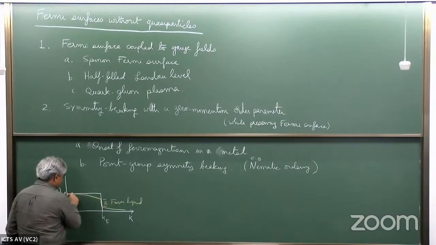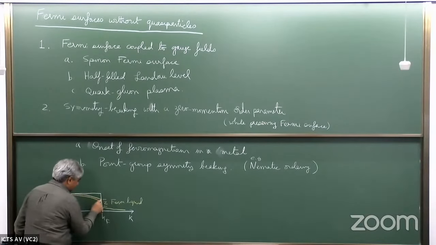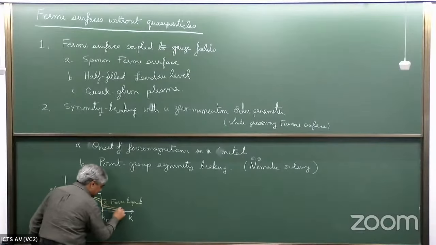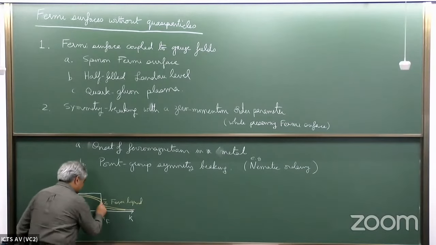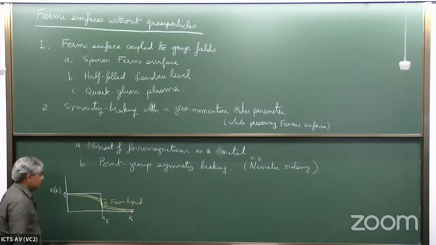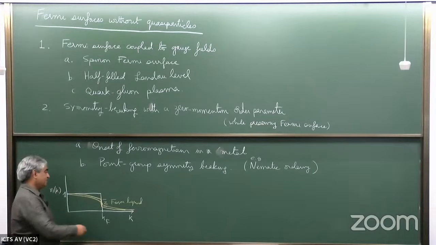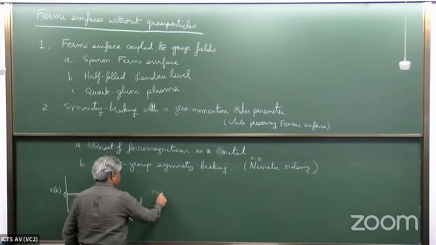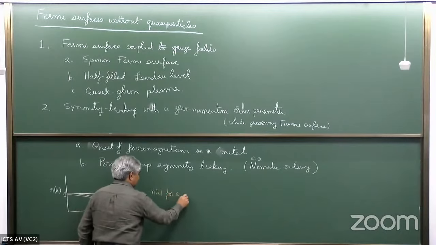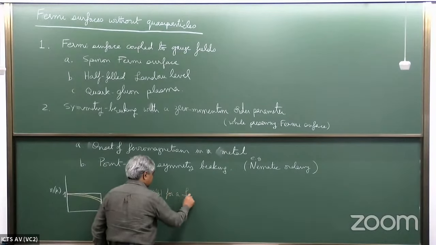It doesn't have a discontinuity, but it does have some power law singularity without a discontinuity. So if you took enough derivatives at this point, it would eventually diverge. So this is n of k in orange for a Luttinger liquid.